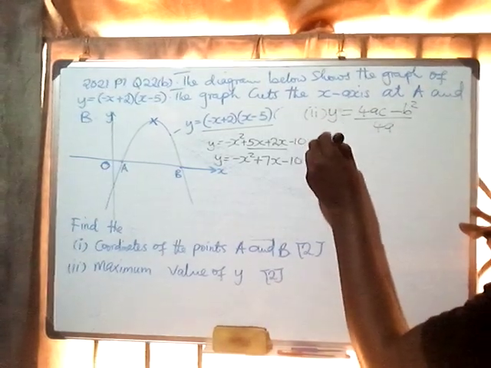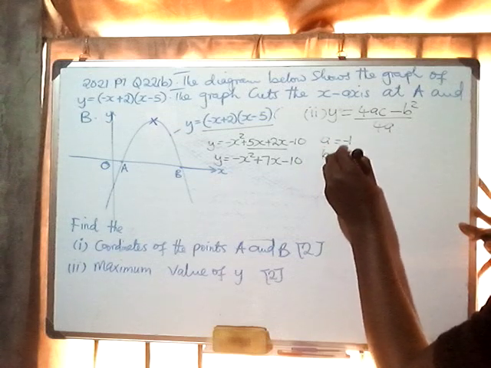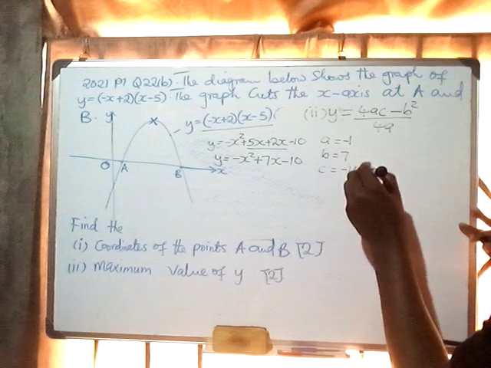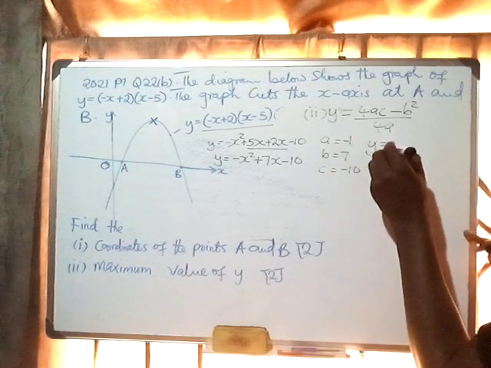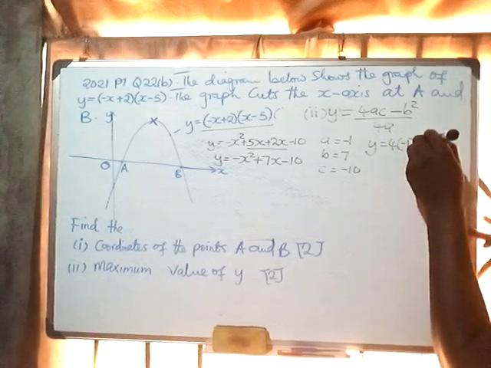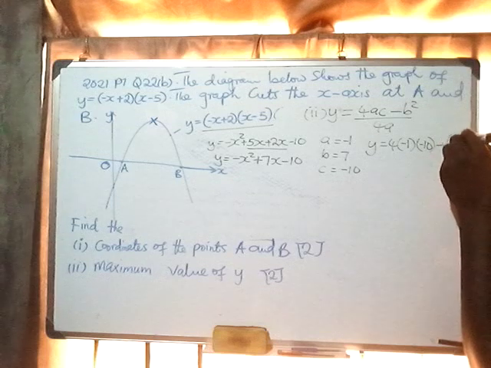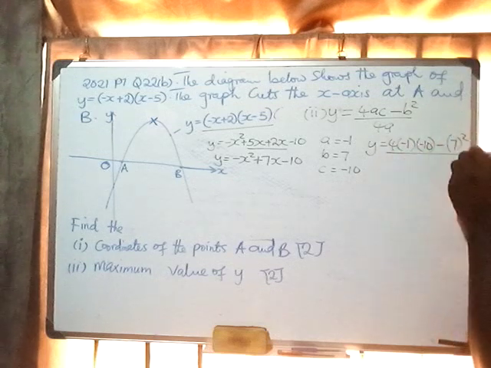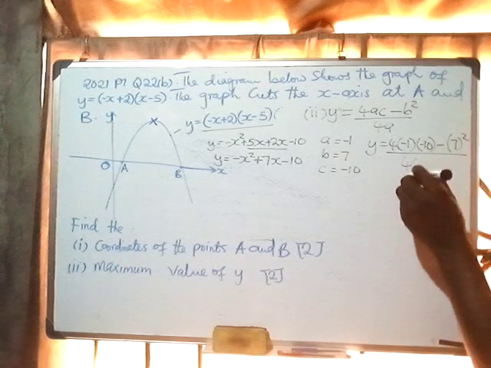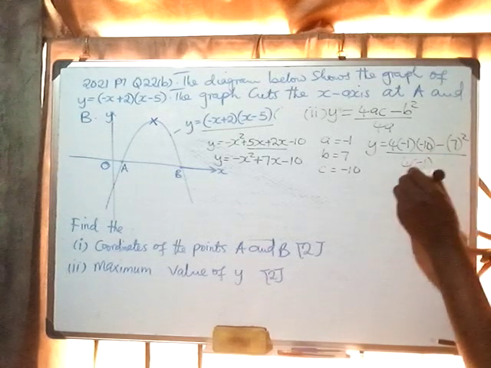Remember, our a, we said, is -1. Our b is 7. Our c is -10. So we are going to say y is equal to 4 times -1 times our c, which is -10, minus our b, which is 7 squared, everything over 4 times -1.